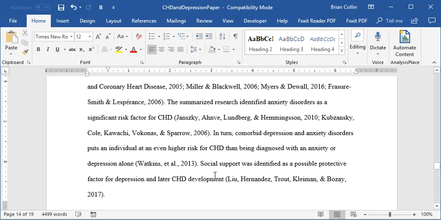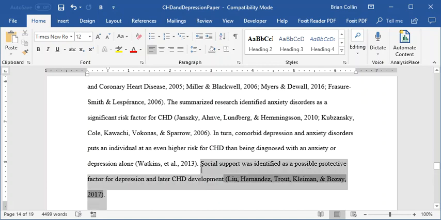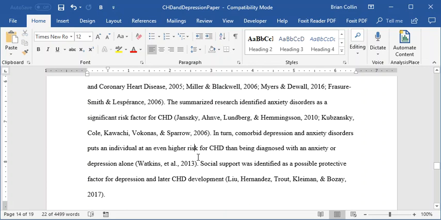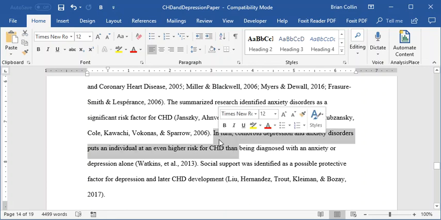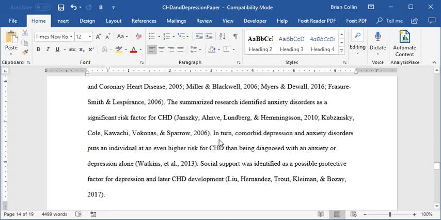And social support was identified as a possible predictive factor for depression and later heart disease development. So in these long sections where I talked about each of these things in a paragraph or more, I just summarized them in the conclusion in one sentence, put all of them together in a paragraph, and wrapped that part up.